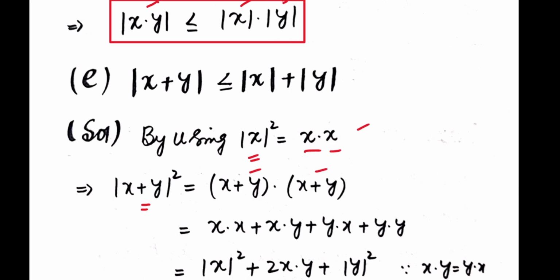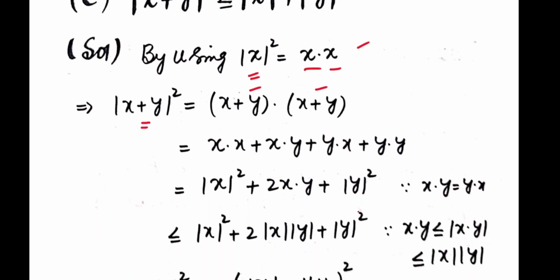Now, taking the dot product, we have x dot x, x dot y, y dot x, y dot y. As x dot x is equal to the norm of x squared, and y dot y is equal to the norm of y squared. As the dot product is commutative, x dot y and y dot x both are equal, and we can write it as 2 times x dot y.